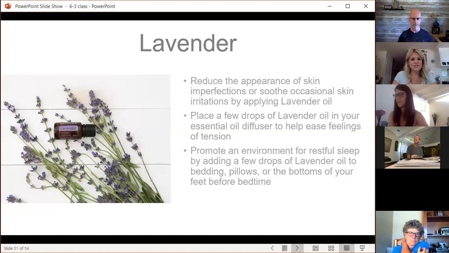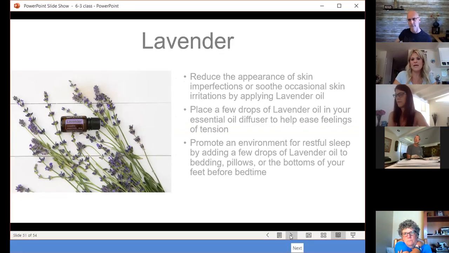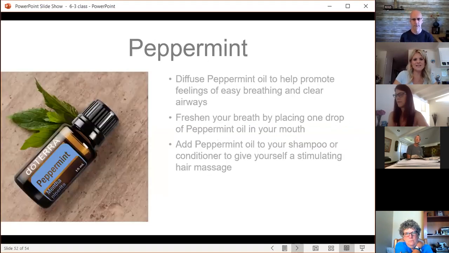Our lavender, like I mentioned, helps with all of those environmental threats that we have going on right now. It helps ease those tense feelings. And peppermint also is really good for oral health. Sorry, I went pretty fast on that slide, but peppermint too helps freshen up our breath. It helps if you want to stimulate your scalp.